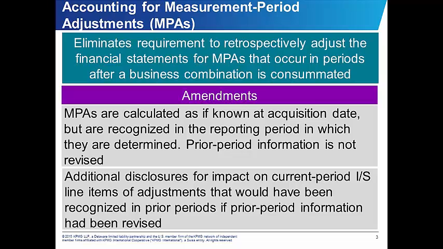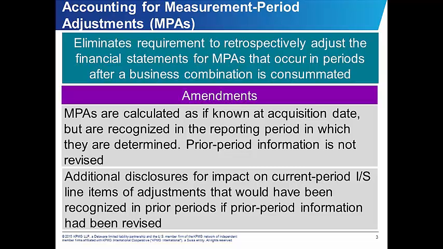Sure, Casey. Under current guidance, if the initial accounting for a business combination is incomplete by the end of the reporting period in which the combination occurs, the acquirer reports in its financial statements provisional amounts for the items in which the accounting is incomplete.